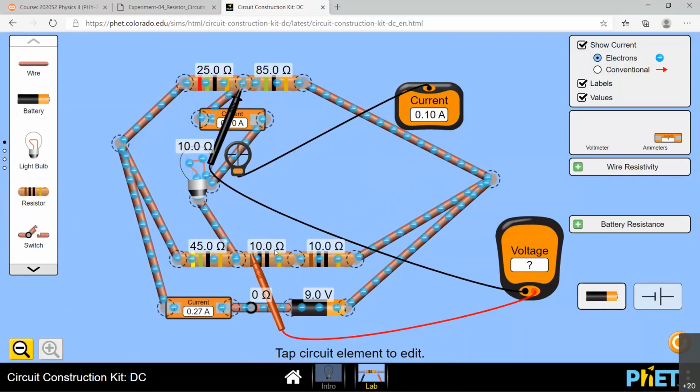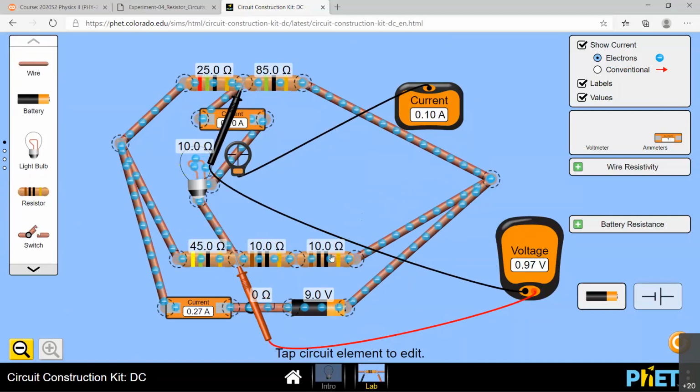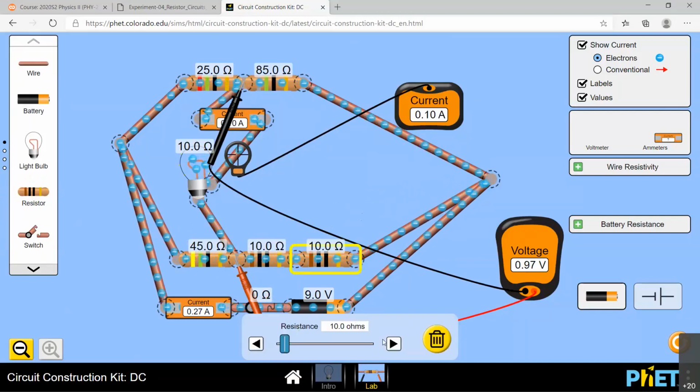Adding together, the first one is 100. The second one, let's change slowly to see whether the voltage actually becomes 0 at one point. It should be close to 100.